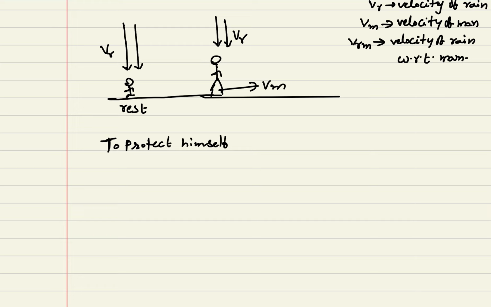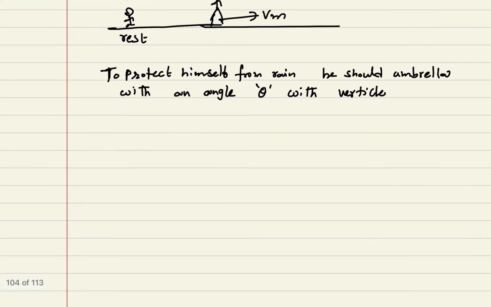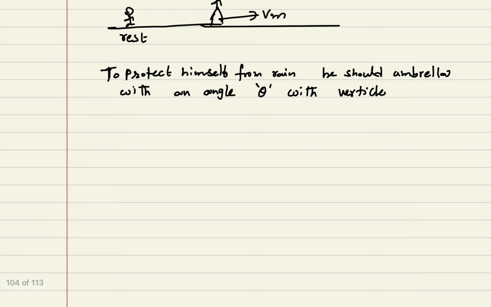To protect himself from rain, he should hold the umbrella at an angle theta with the vertical. What angle does he have to hold the umbrella at? You observe this.